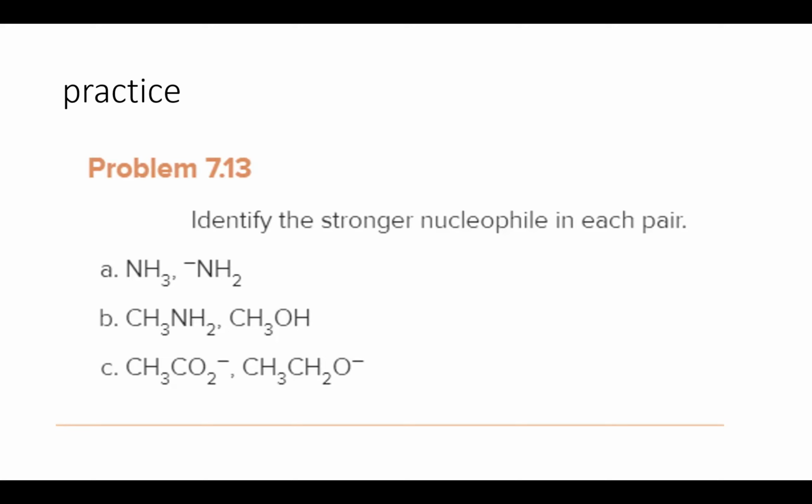Got it. Awesome. So for A, the negatively charged nitrogen is going to be stronger than a neutrally charged nitrogen. For B, oxygen is, wait a minute, the stronger nucleophile. I think it's going to be the nitrogen because the electrons are more loosely held by the nitrogen atom, allowing it to bond easier.